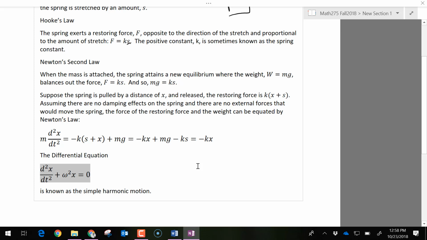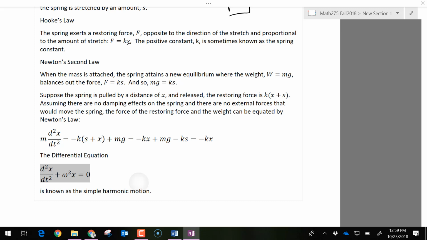What's omega? Omega squared. K over m? Close.